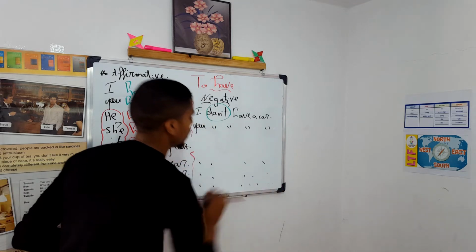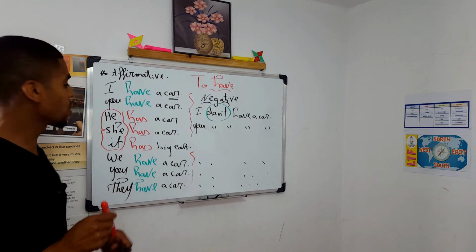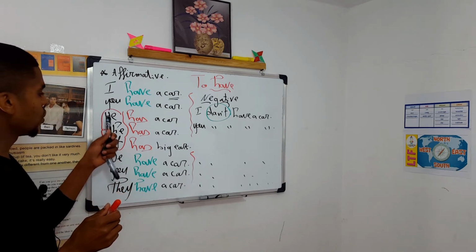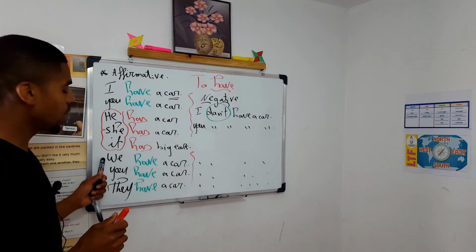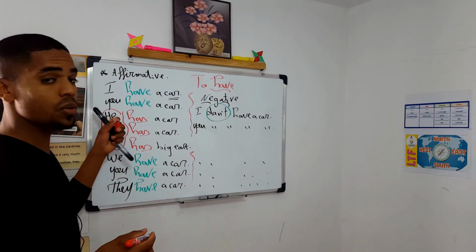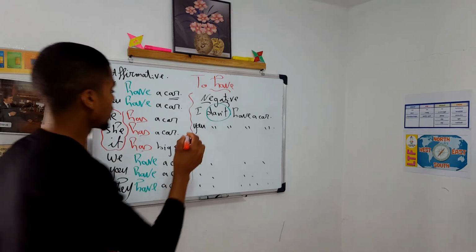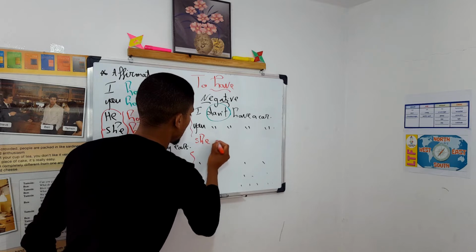The only change that occurs is with he and she and it. With I, you, we, and they we use don't for negative. But with he and she and it, it's another story. We say she, for example, she doesn't.